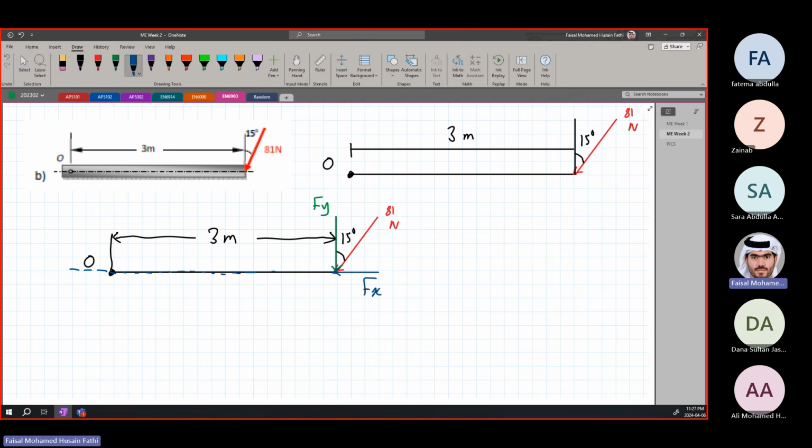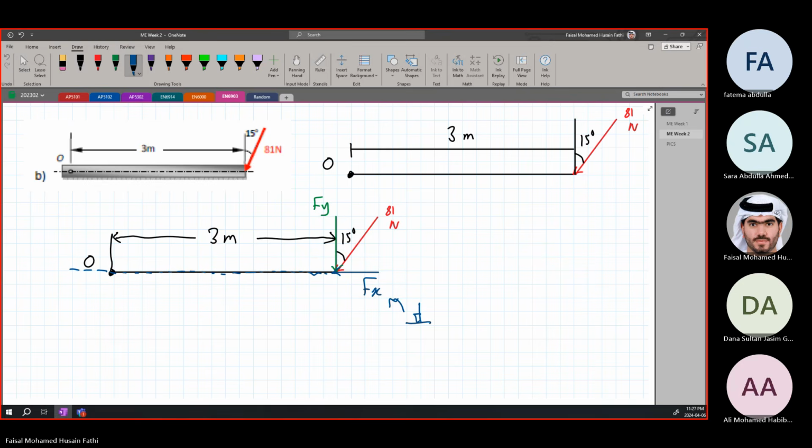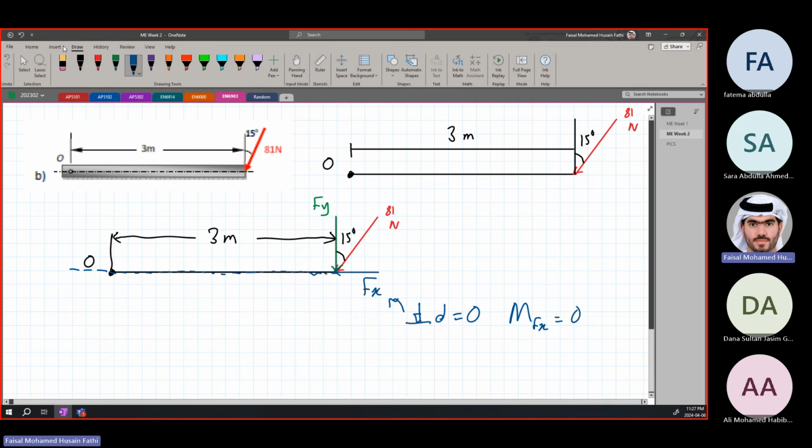There is no distance between Fx and O. So the perpendicular distance in this case is equal to 0. So Fx, or the moment due to Fx, will also be 0. M of Fx equals 0 at O. I must say M at O.